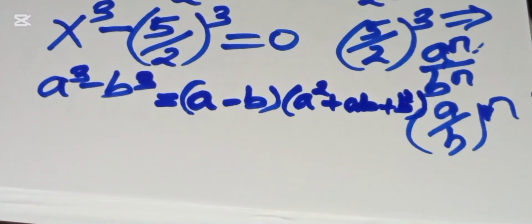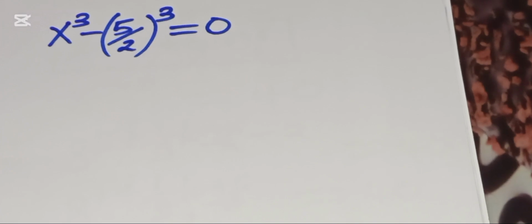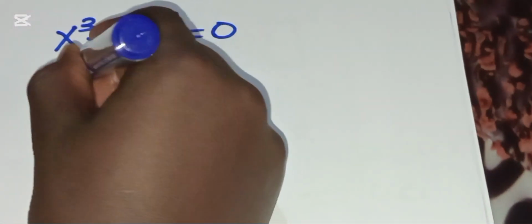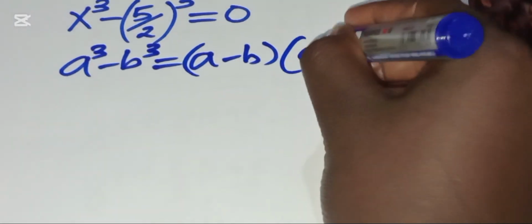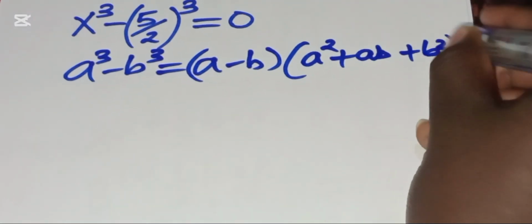Here a is x and b is 5 divided by 2, so x cubed minus 5 divided by 2 raised to power 3 is a difference of cubes, a cubed subtract b cubed, equal to a minus b, a squared plus ab plus b squared.